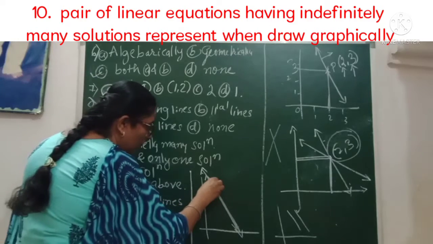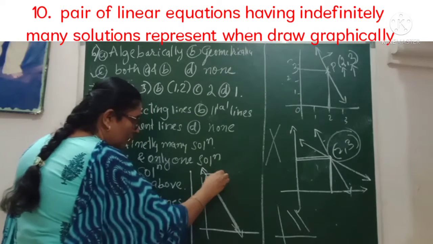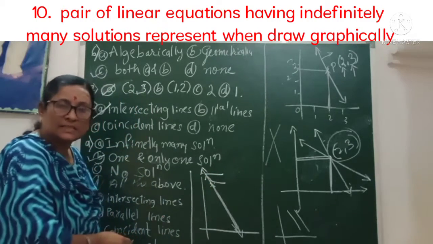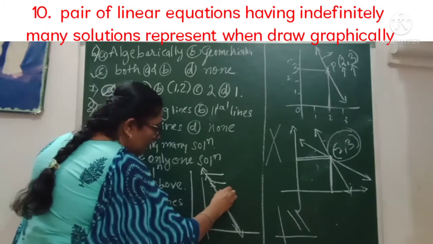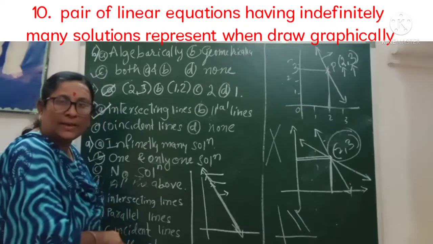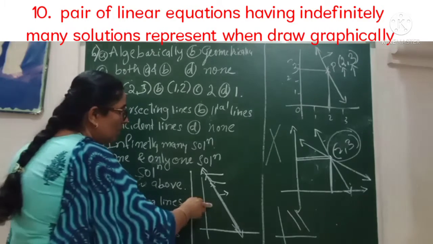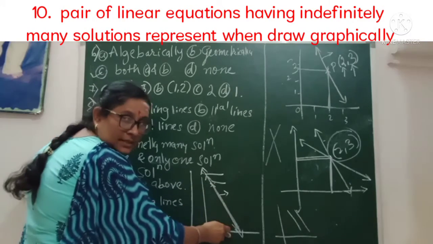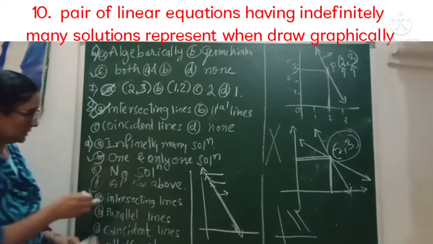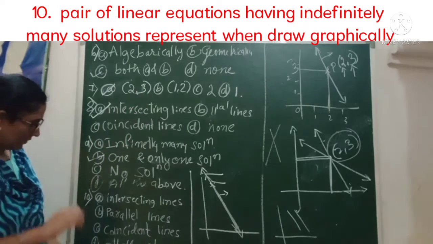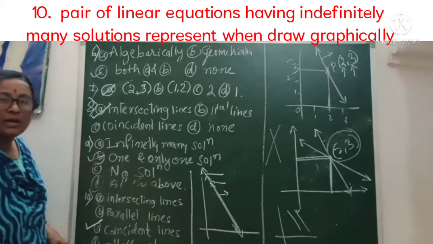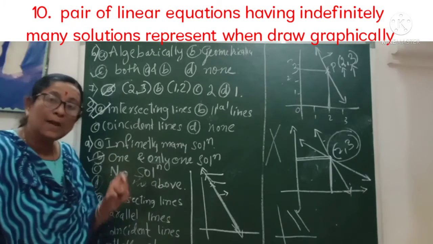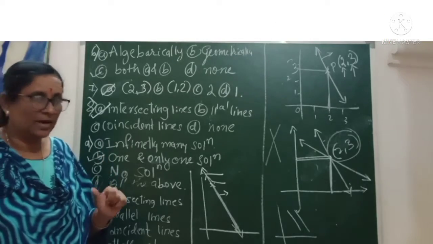For every value of x, for this line and for the other line, we have the same value of y. So that means you are going to get infinitely many solutions when the lines are coincident. The lines are coincident lines when you have infinitely many solutions.